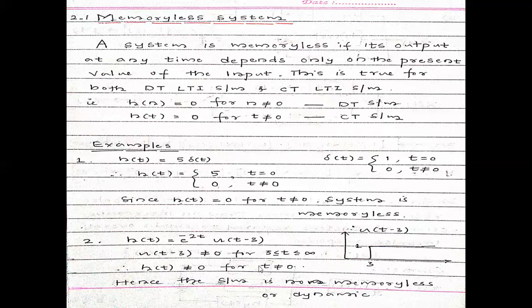Therefore, when t is not equal to 0, h of t will not be 0. That's why this system is non-memoryless, or it has a memory. Memory systems are also known as dynamic systems, whereas memoryless systems are known as static systems.